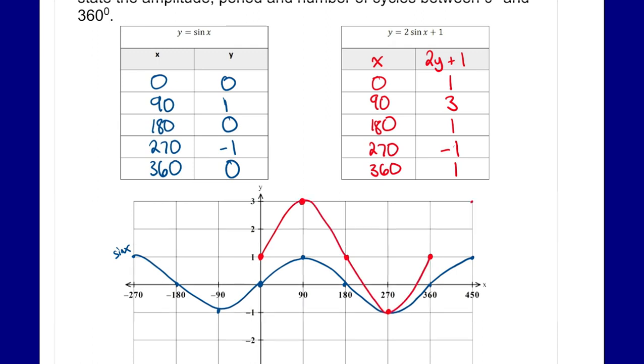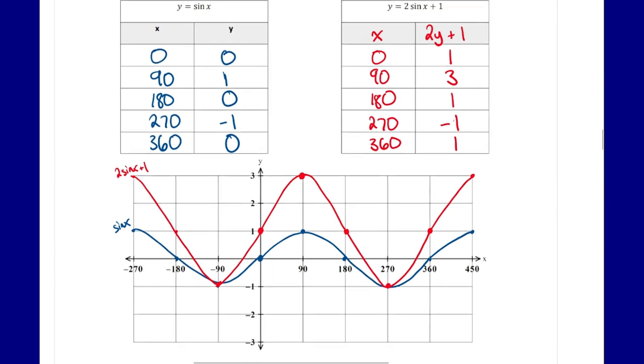And again, I could continue this pattern if I wanted to, every 90 degrees for this specific function. And this would be my transformed function, 2 sine x plus 1.